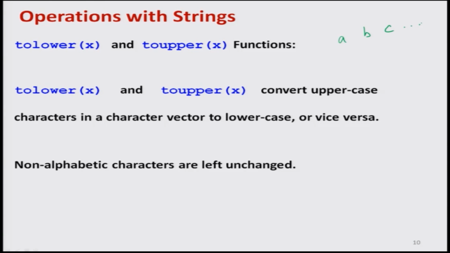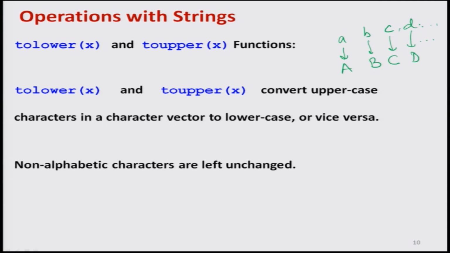That means I want to change small a into capital A, small b into capital B, small c into capital C, small d into capital D and so on. So, I want to do this type of replacement, that lowercase alphabets are replaced by uppercase alphabets or vice versa. That means, the uppercase alphabets are changed into lowercase alphabets.